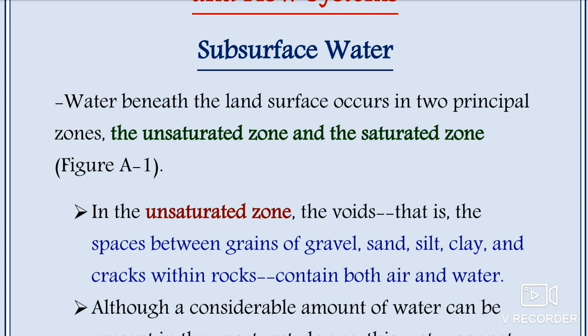In the previous lecture, when we were talking about the occurrence of groundwater in the objective geology series, we talked that beneath most land areas the groundwater occurs in especially three important zones. These are the zone of aeration, capillary fringe and zone of saturation.